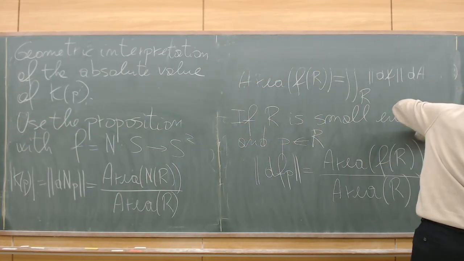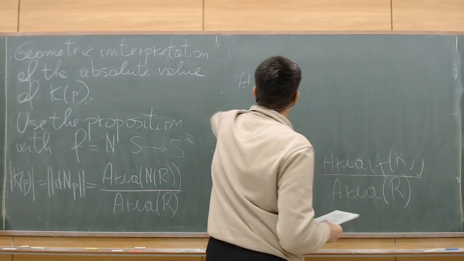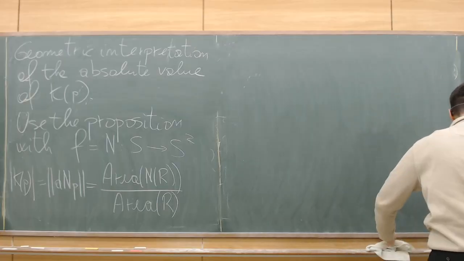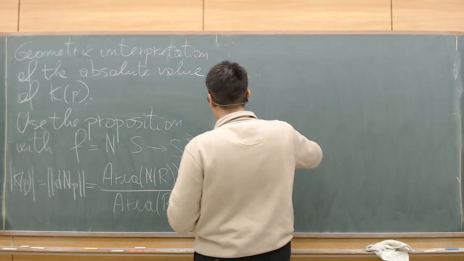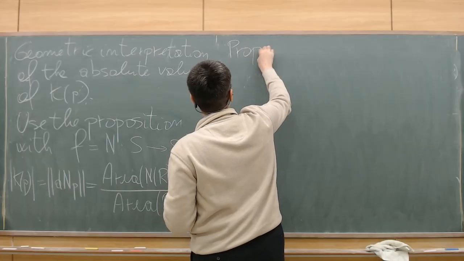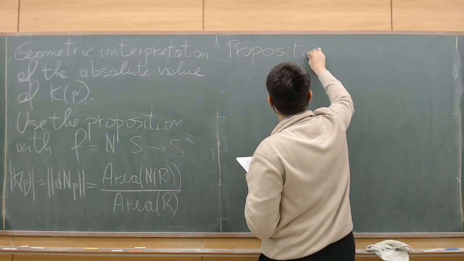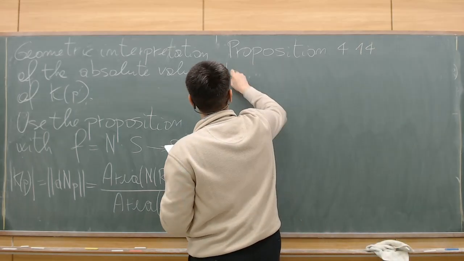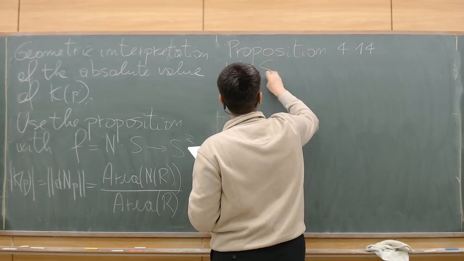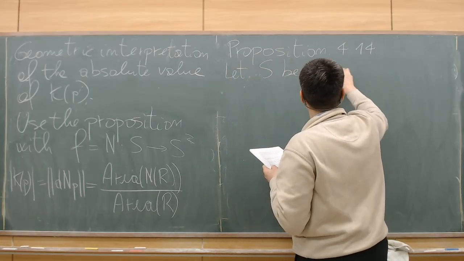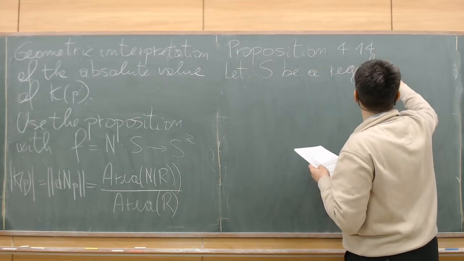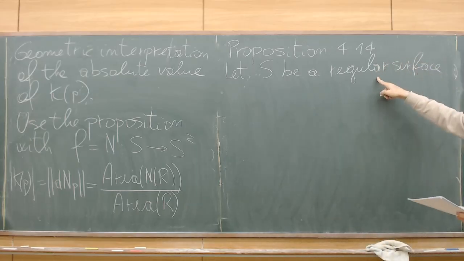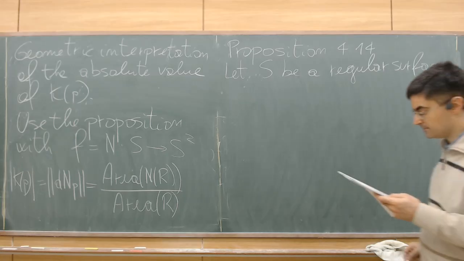And now the last result I want to present is the following. It's proposition 4.14. So let S be a regular surface. Please observe that I did not write the word oriented because we don't need it.